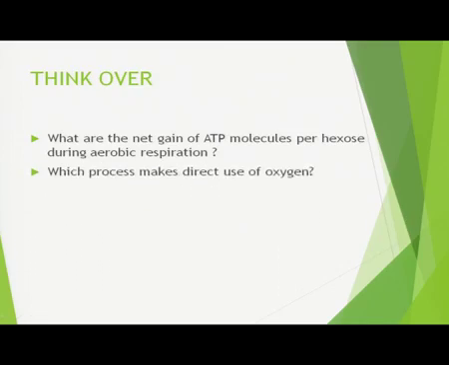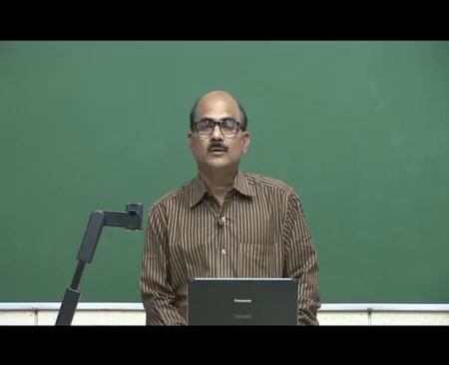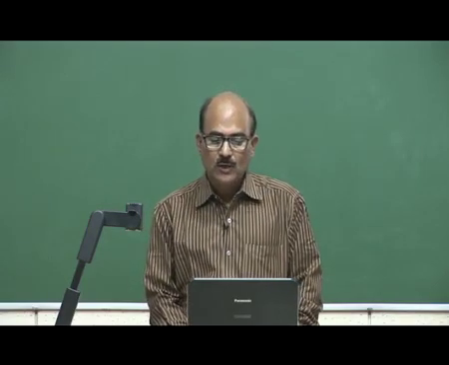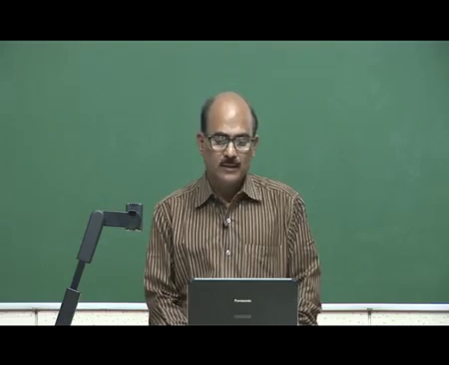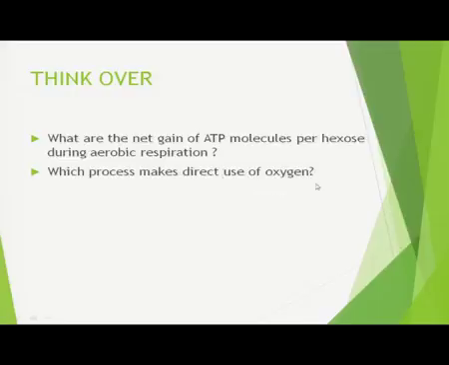Now, the next question: which process makes direct use of oxygen? We have already discussed that oxygen is used. There are two types of respiration, no doubt, aerobic and anaerobic, on the basis of the use of oxygen or its absence.